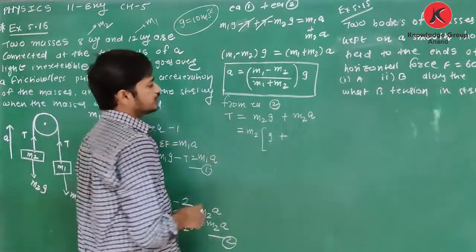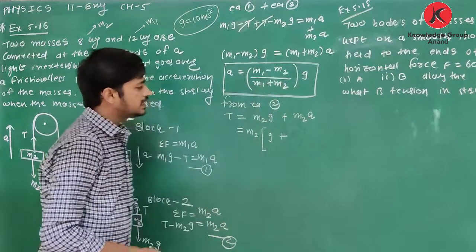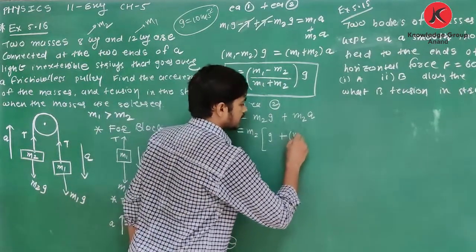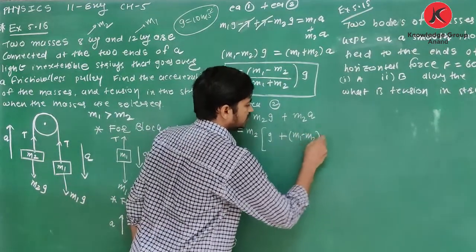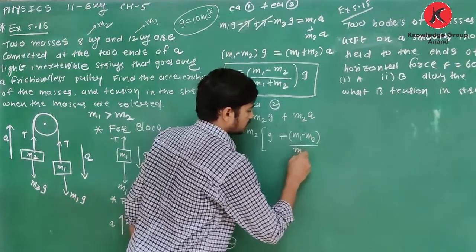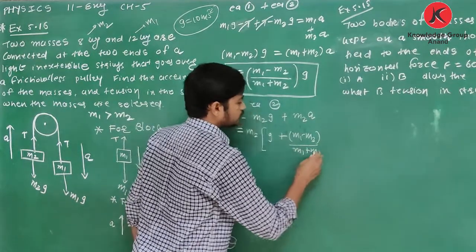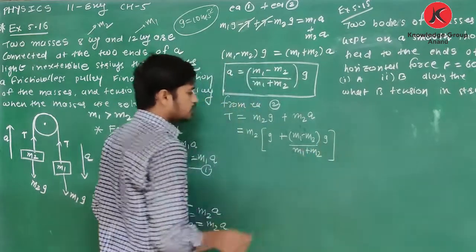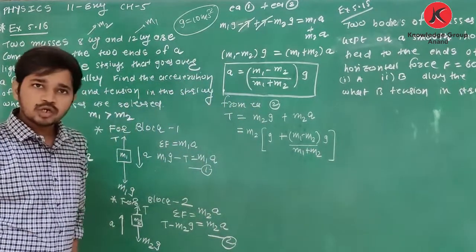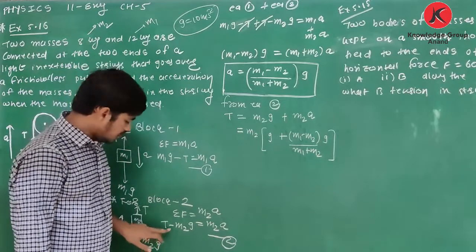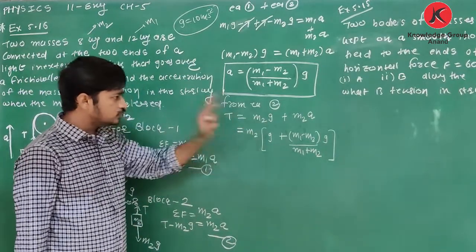I will put the value of A here: (M1 minus M2) upon (M1 plus M2) into G. Any doubt? From equation number 2, make T the subject, then T is equal to M2G plus M2A.